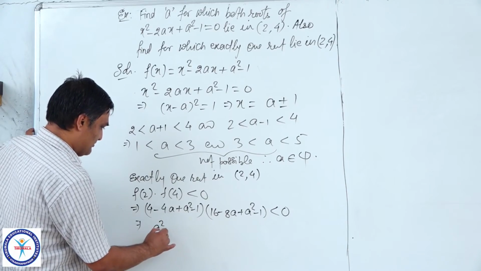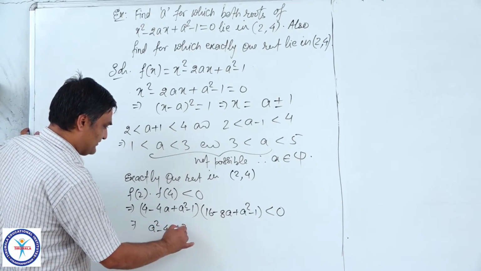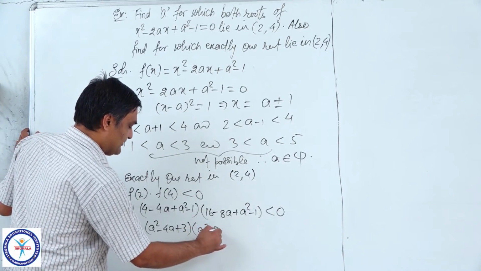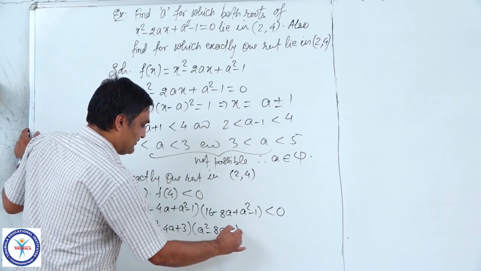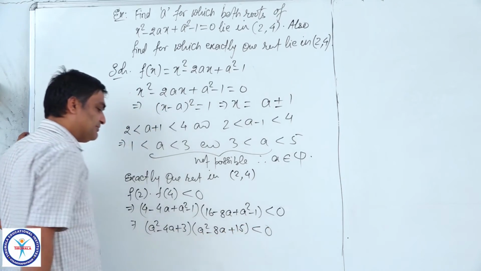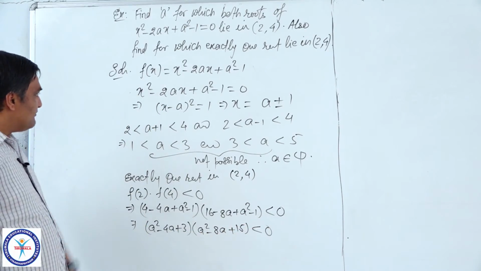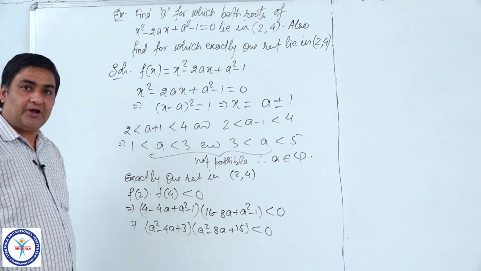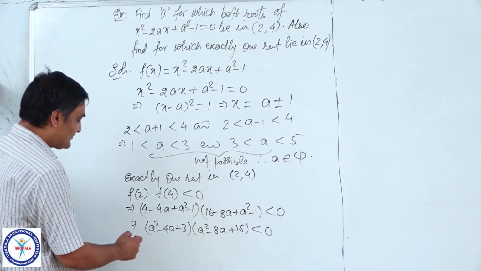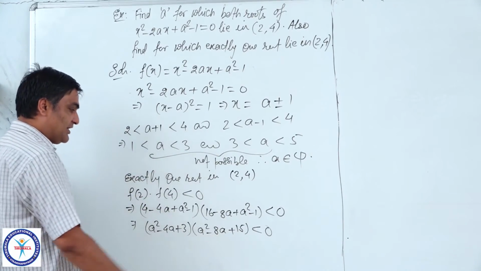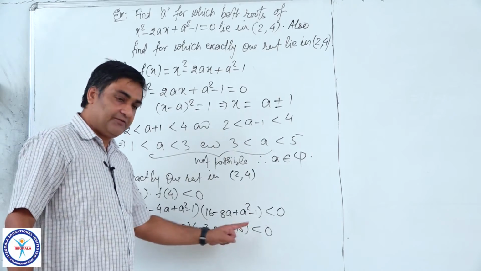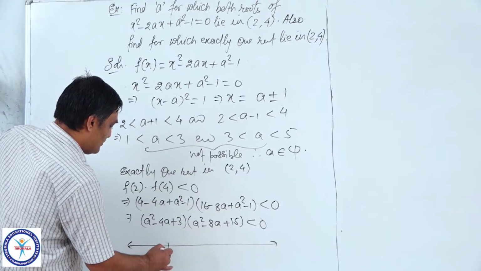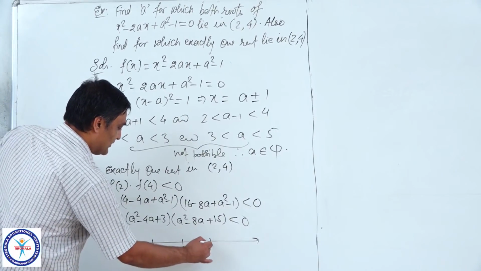a square minus 4a plus 3 into a square minus 8a plus 15 less than 0. Now we have to apply the Wavy curve method. Find how to apply the Wavy curve method. Roots are 1, 3 and here 3, 5. 1, 3, 5.